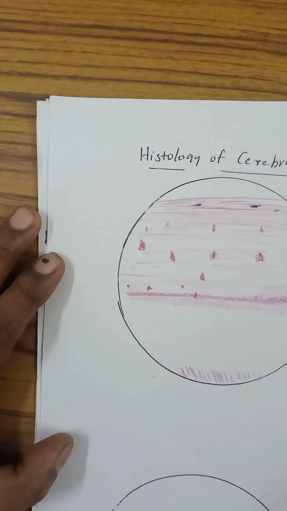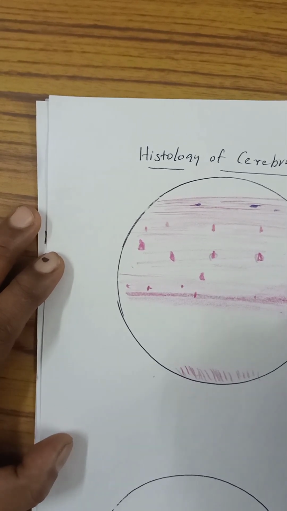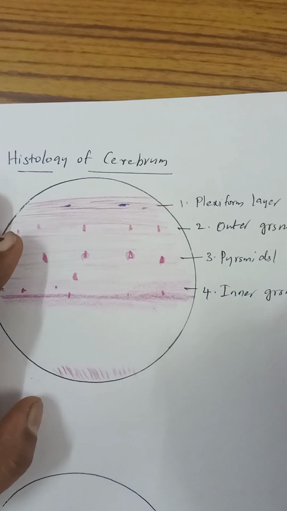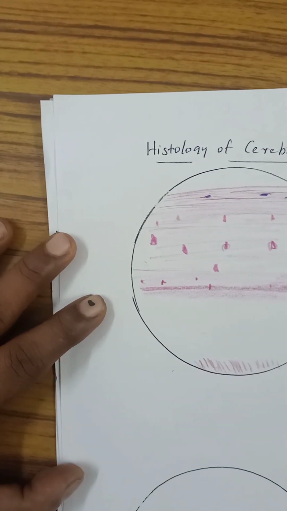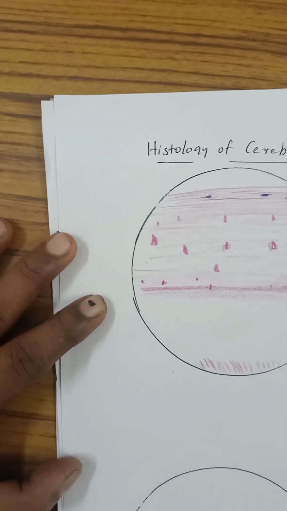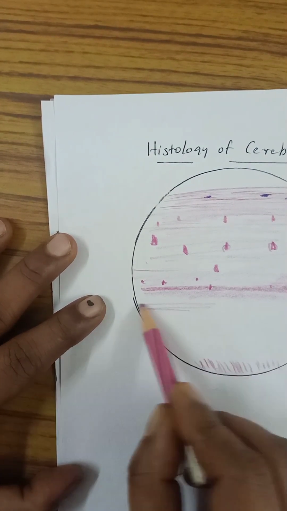And next, this is the fourth layer I told, it's an inner granular layer. Then next is the fifth layer. Fifth layer is known as the ganglionic layer. So fifth layer is here, ganglionic layer.